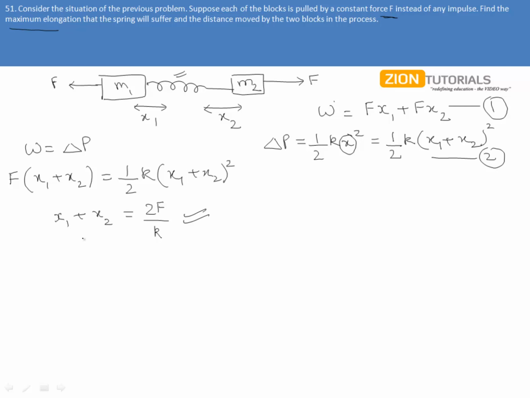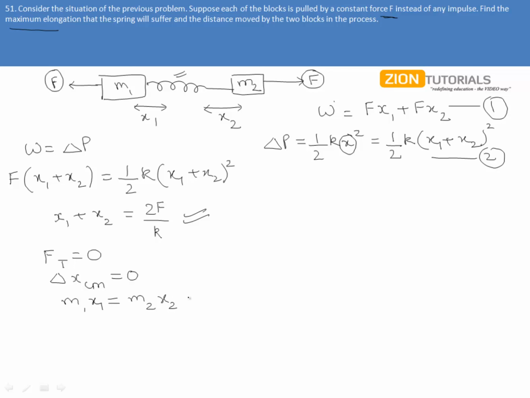Now friends, we all know that since these two forces are equal and opposite, the total force on this system is 0. And if total force is 0, then the displacement of the center of mass has to be 0. In that case, we will have m1 x1 equals m2 x2.